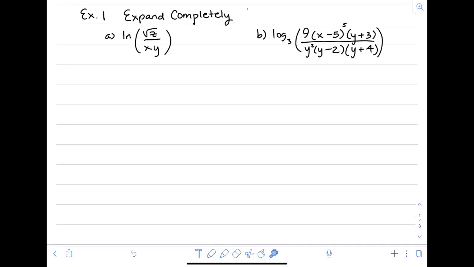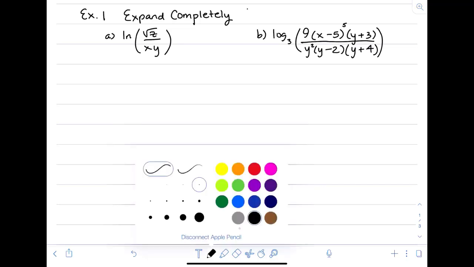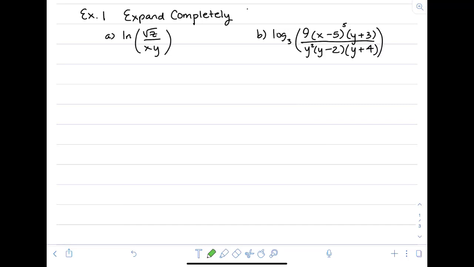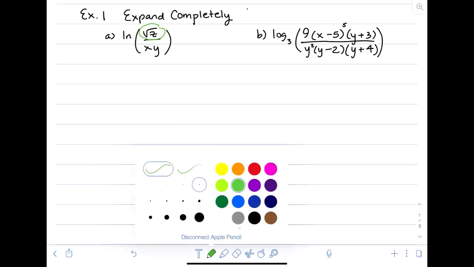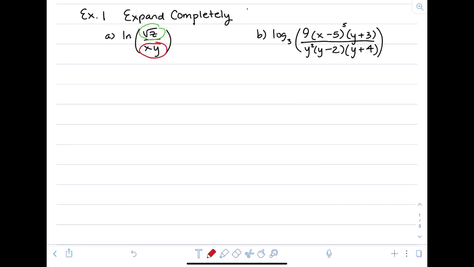So, expanding completely. How I like to do this is a very global approach. I can just look at this and break down some properties. When I'm expanding, the first thing I'll do is isolate what my numerator and my denominator are. The terms in the denominator are going to go with the negatives, and the terms in the numerator are going to go with the positive log terms. So let's separately circle every single term.